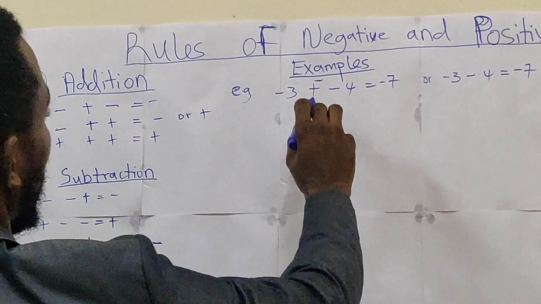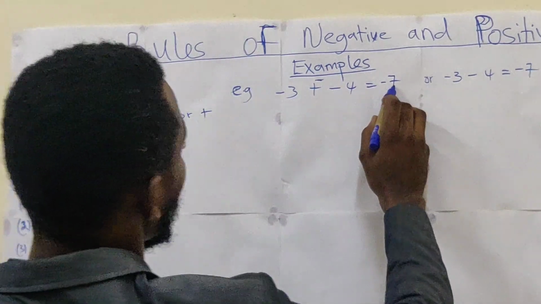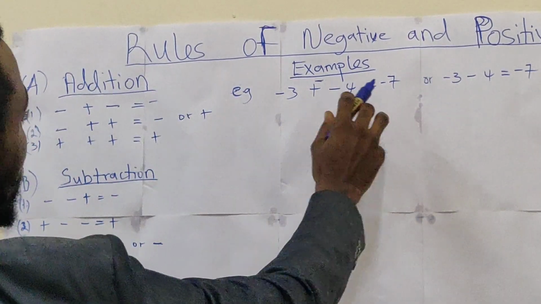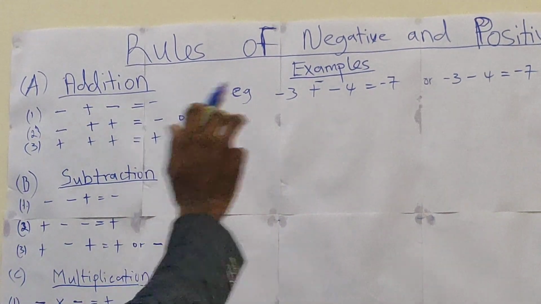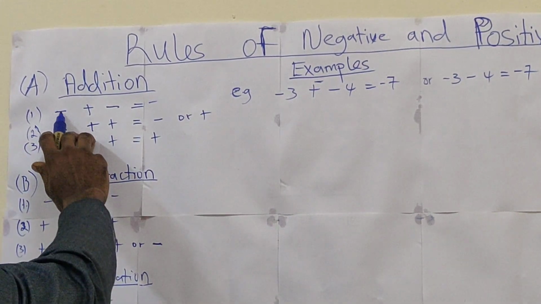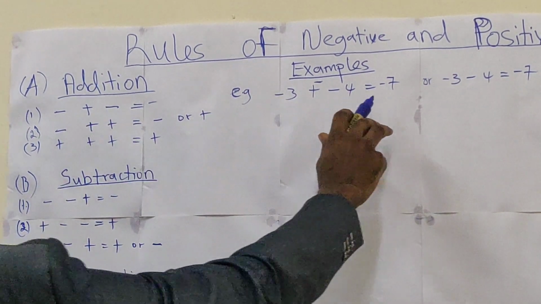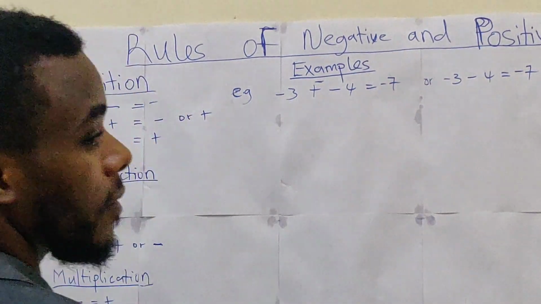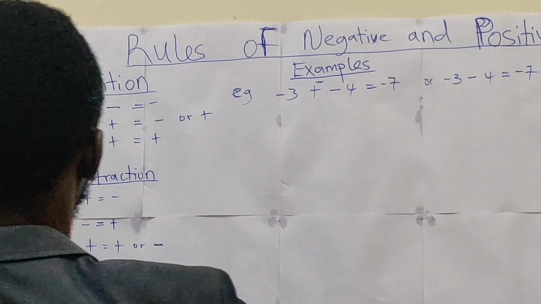Negative 3 plus negative 4 is equals to negative 7. So as you can see, our answer is negative 7. That is to tell you, when you have a negative number adding with a negative number, it gives you what? A negative answer, which is negative 7.